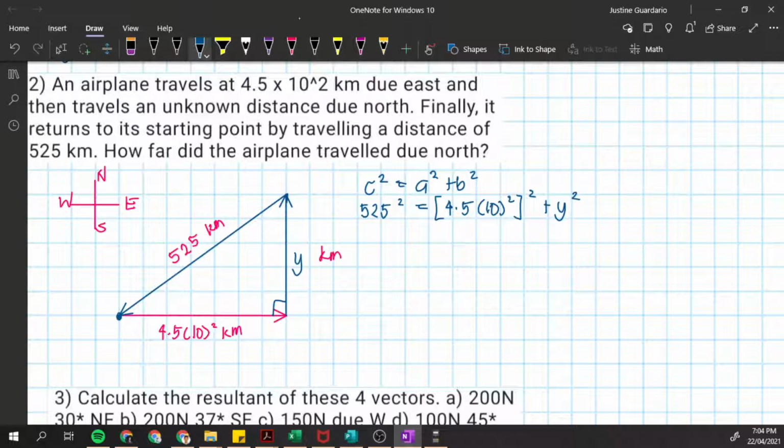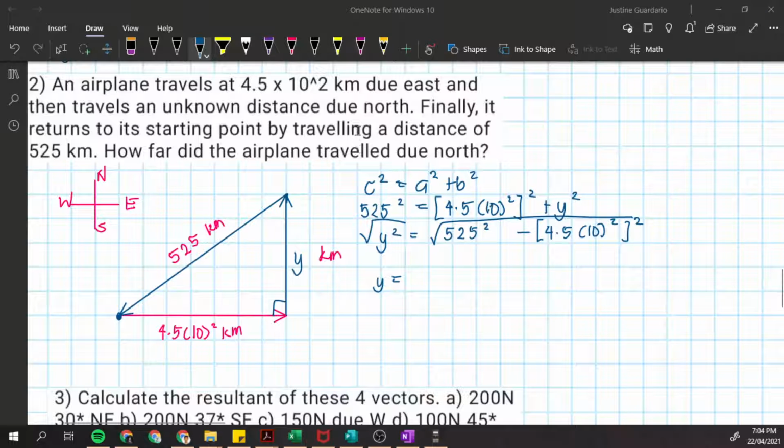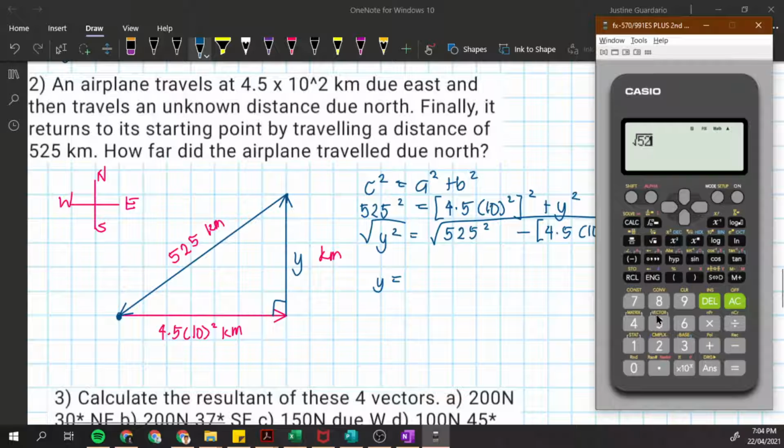So rearranging our equation, we will have y squared is equal to 525 squared minus 4.5 times 10 squared. Then we take the square root of both sides of our equation. Then we will have y to be the square root of 525 squared minus, using parentheses, 4.5 times 10 squared.